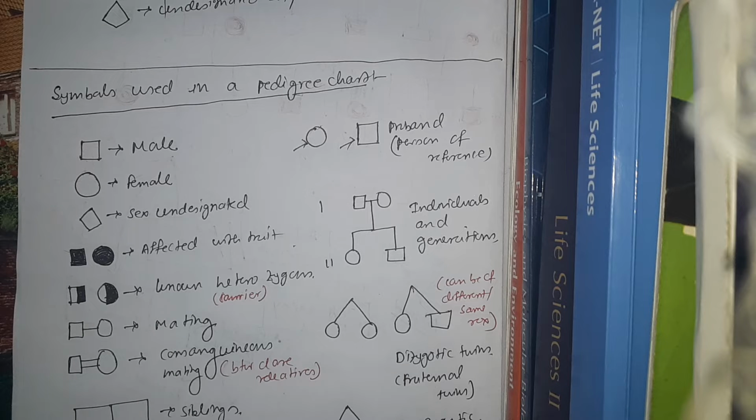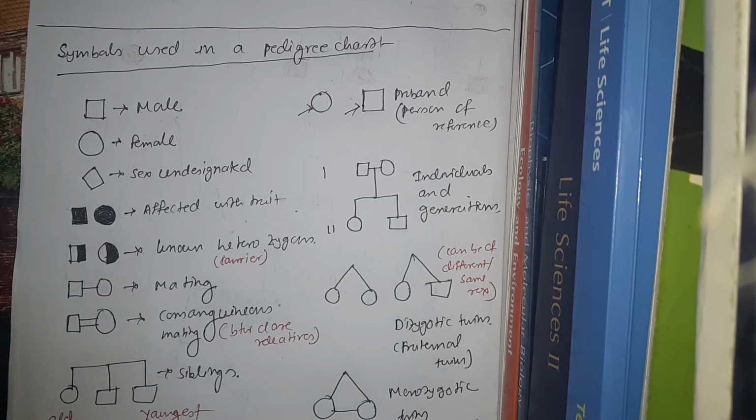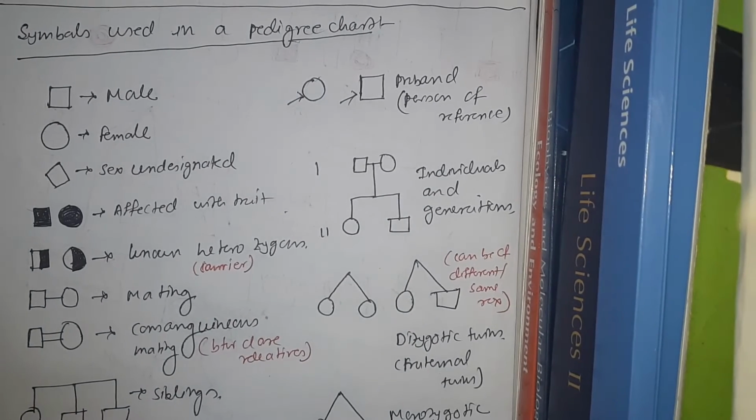Before we talk about those, which we will cover in our upcoming videos, you need to know about some symbols which help you determine what the particular pedigree wants to tell us. So let's talk about symbols first.